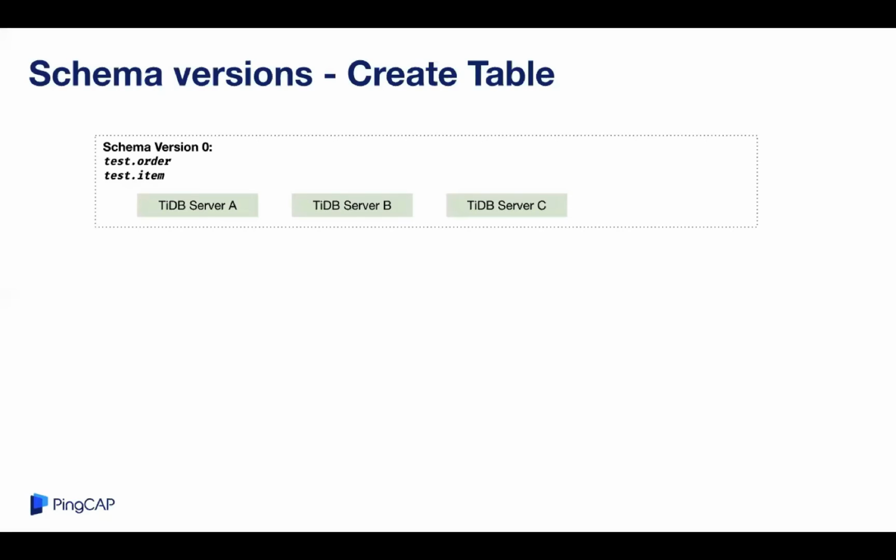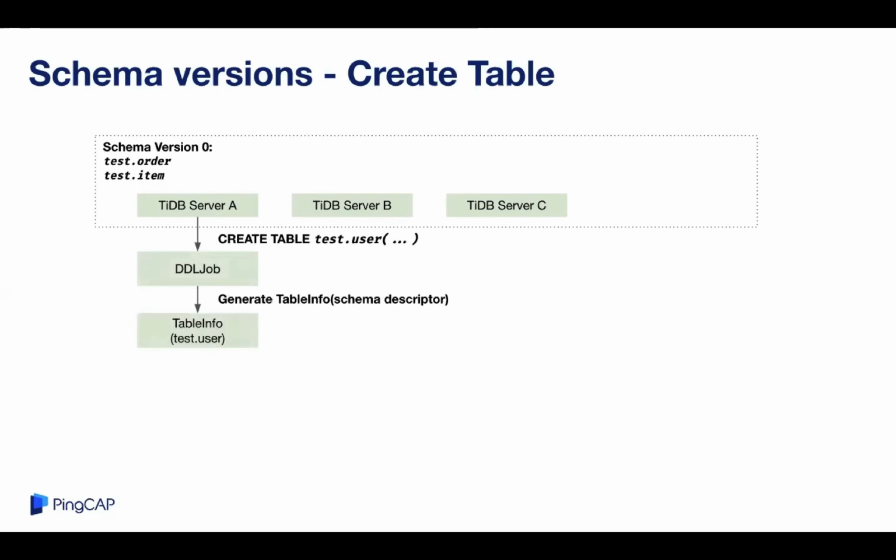Let's assume that initially we have 2 tables and the schema version is 0, and then we have a create table statement, and TiDB will generate a DDL job for it, and then we will generate the table's definition, or the table info, in our system.